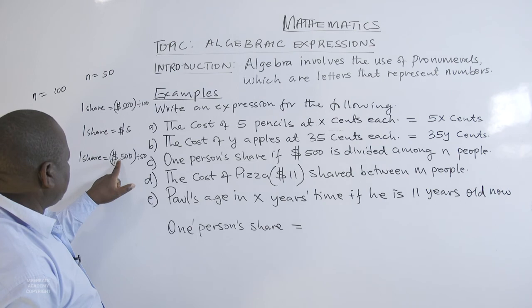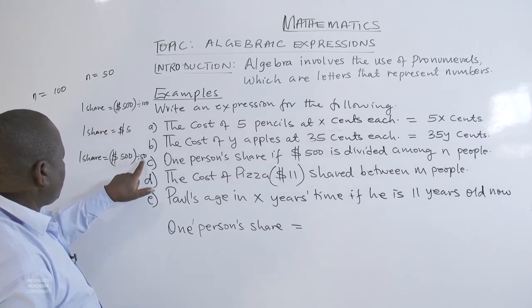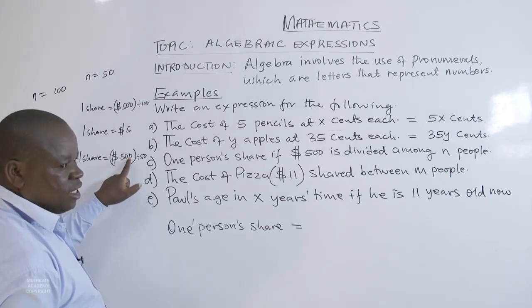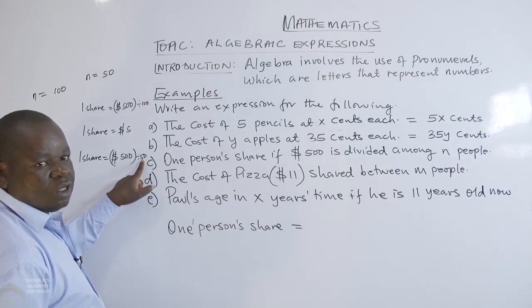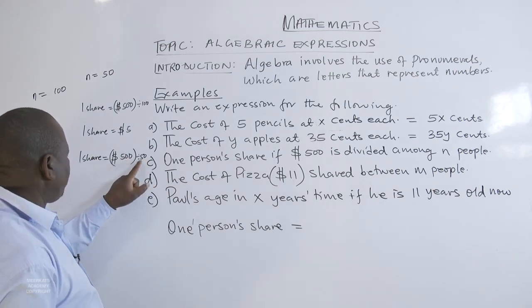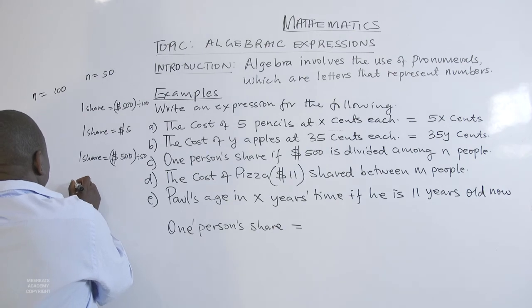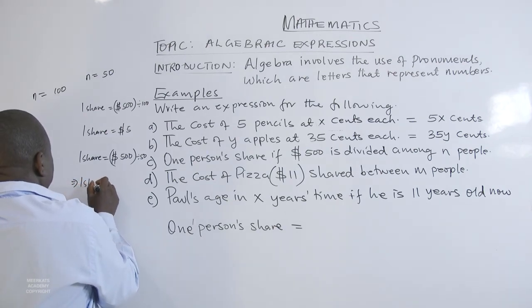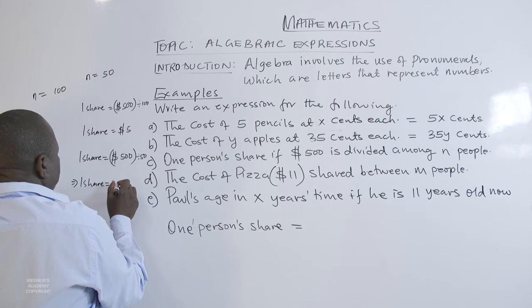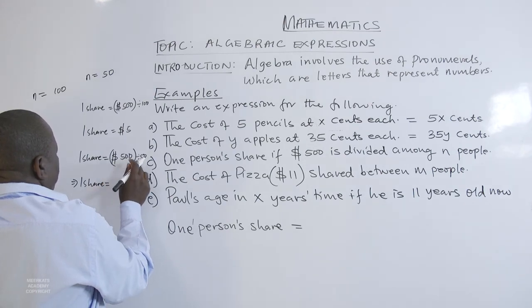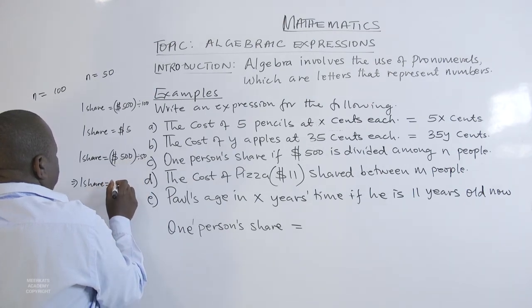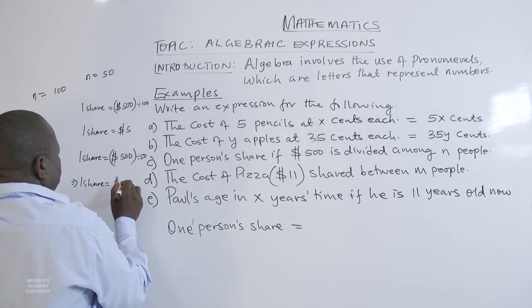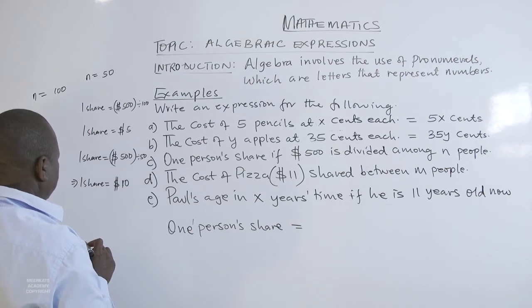But since the highest common factor between 50 and 500 is 50 itself, when we divide 500 by 50, we get one share being equal to $10. So each person will get $10. That will be the share per person.